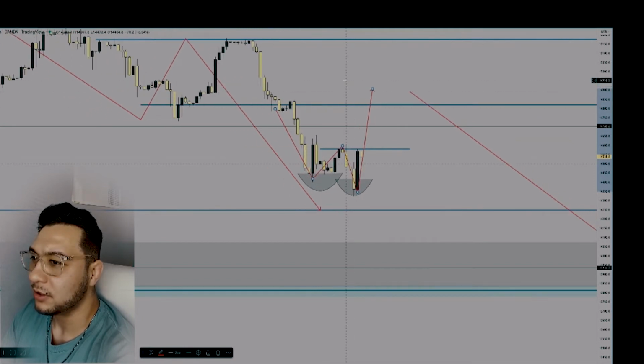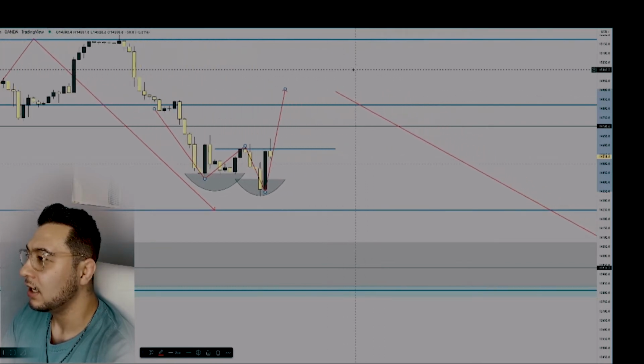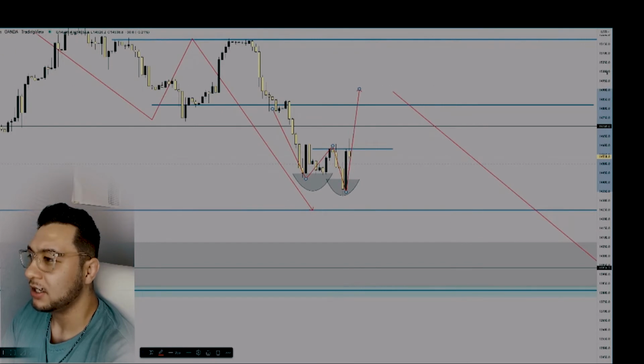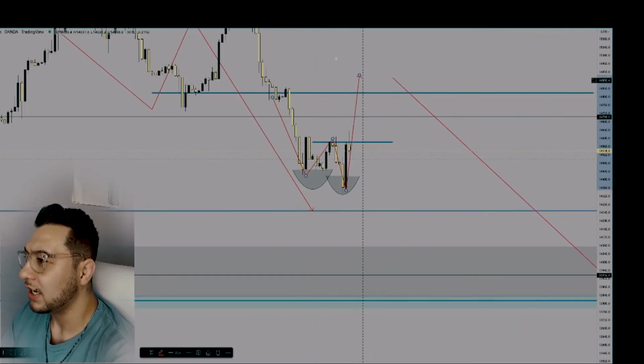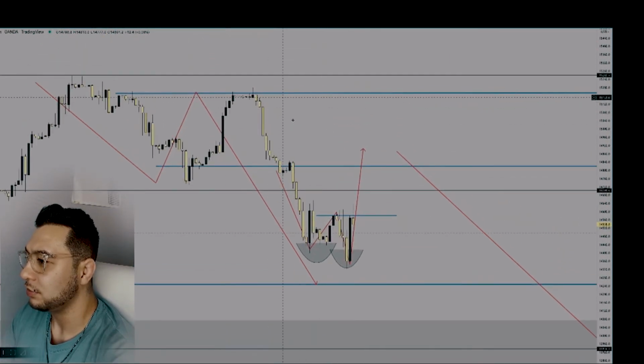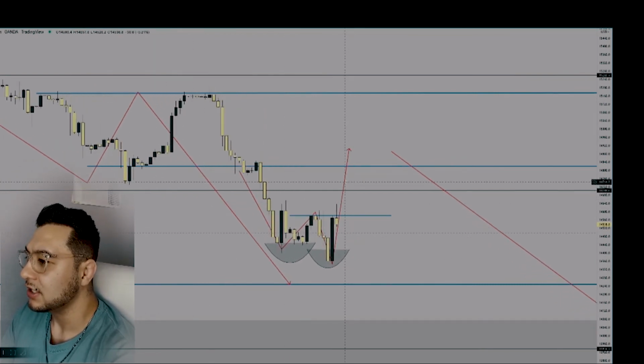Could possibly extend to 14,950, but this is a good high probability area to take some sells. Now, the thing with this area though, if it gets violated, it could continue higher to the top of the structure point. Okay. But right here though, the market should definitely push bullish for the first move tomorrow. Then after that, it could continue or reject.